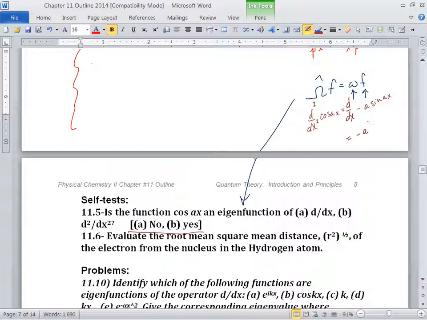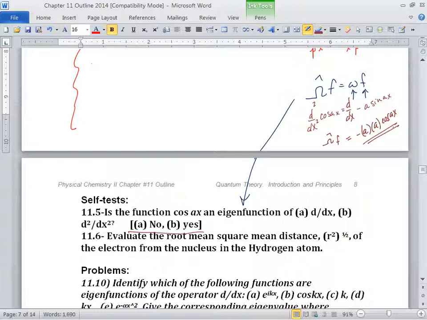Negative a squared. Well, we can write it this way if you don't see it. I have my negative a, and then I take the derivative of sine and get cosine ax, but then I have that a again. Then I have this cosine ax, right? So omega hat f is really equal to this.